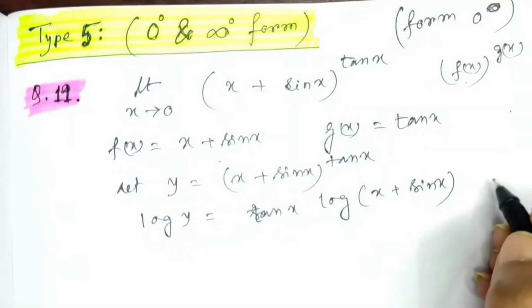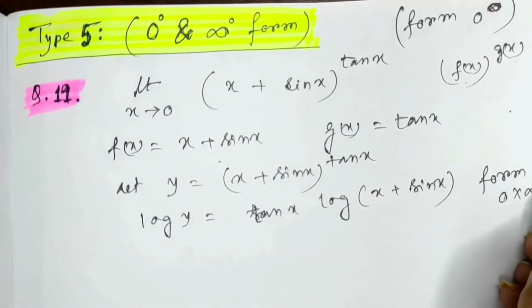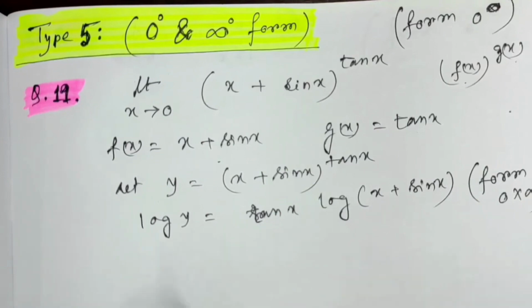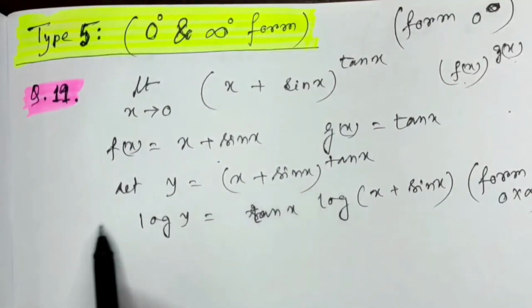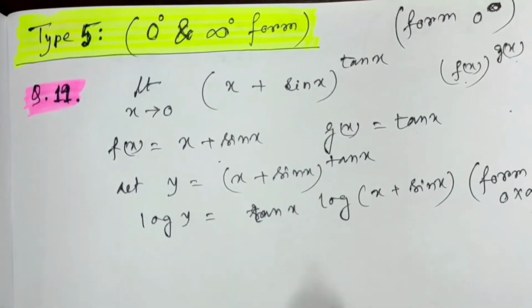So this is in the form of 0 cross infinity. This is the indeterminate form, and we know how to solve the form 0 into infinity. At first we solve this function, and after completing the solution, we take the antilog to find the value of y, and hence we get our desired answer.